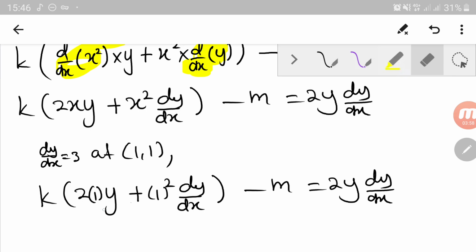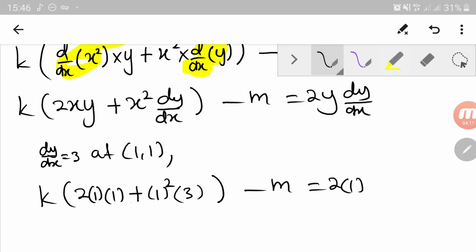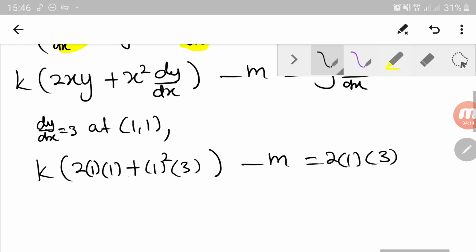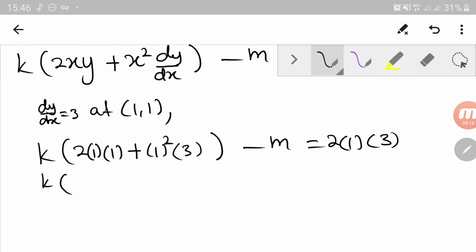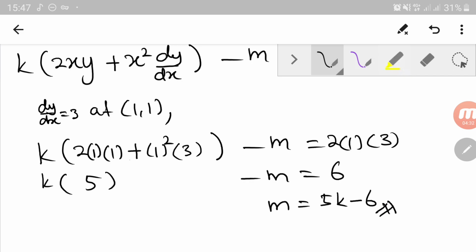Now we substitute all the y's: y is 1. Now we substitute the value of dy/dx: dy/dx is 3. Afterwards we solve. This one, 2 plus 3 is 5, so 5k minus m equals 6. Then I rearrange it nicely and have m equals 5k minus 6.